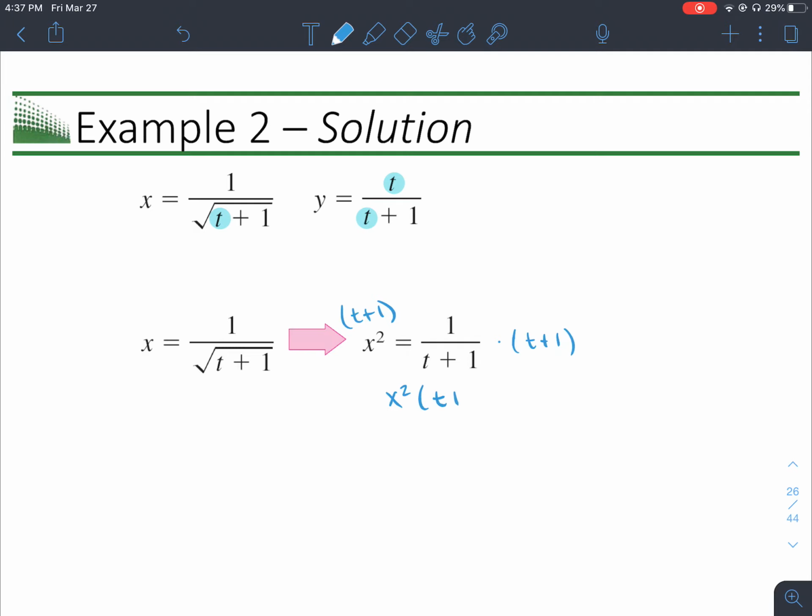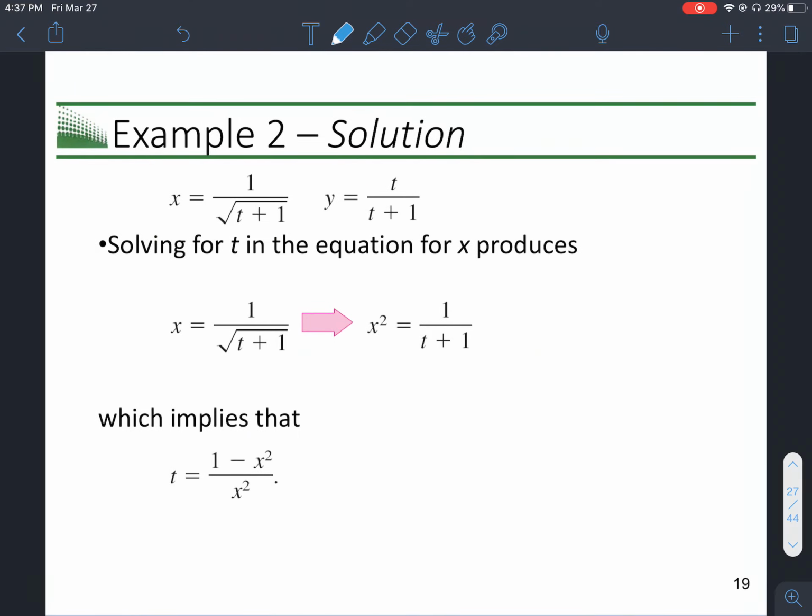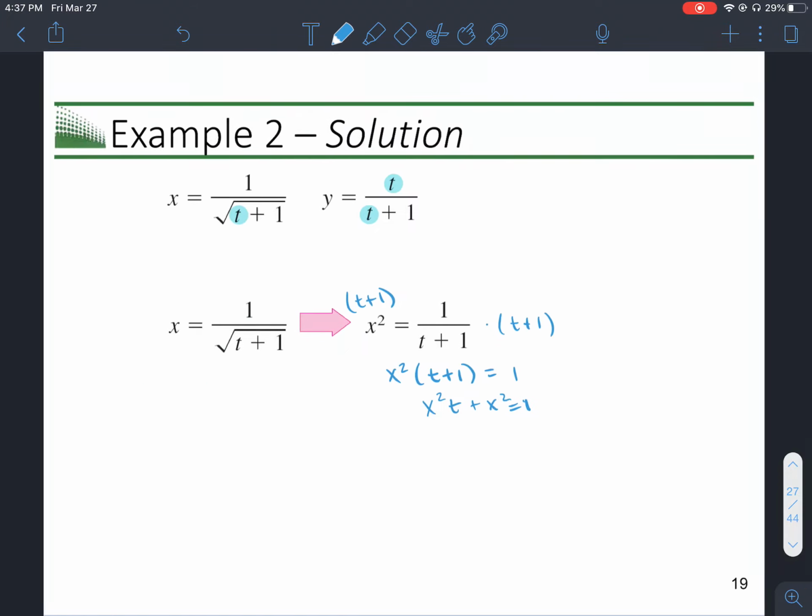we get x squared times t plus 1 equals 1. So x squared times t plus x squared equals 1. And we can keep solving, and we end up getting t equals 1 minus x squared over x squared.